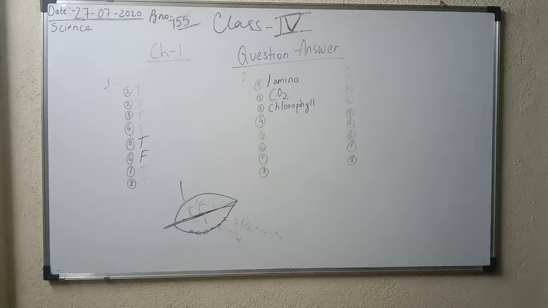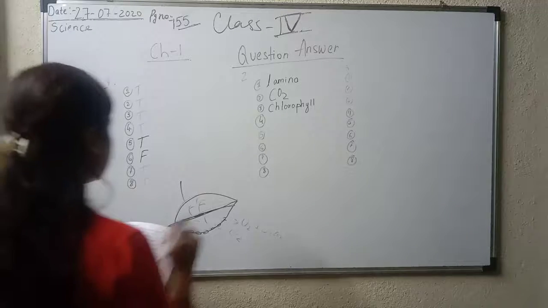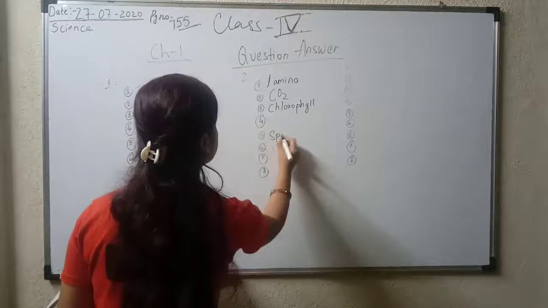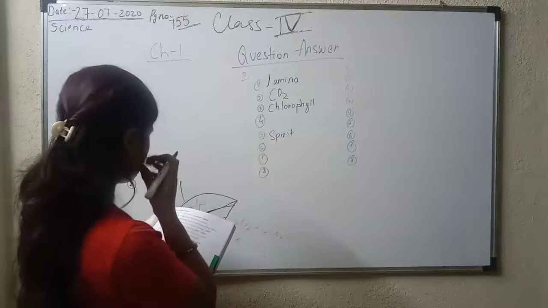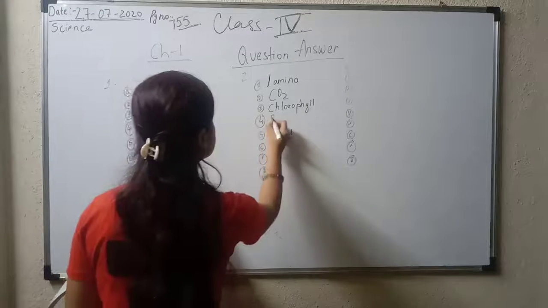But the work of spirit is that with its help we lose the color of the plant leaf. So the fifth answer is spirit, and the answer of question number 4 is starch.